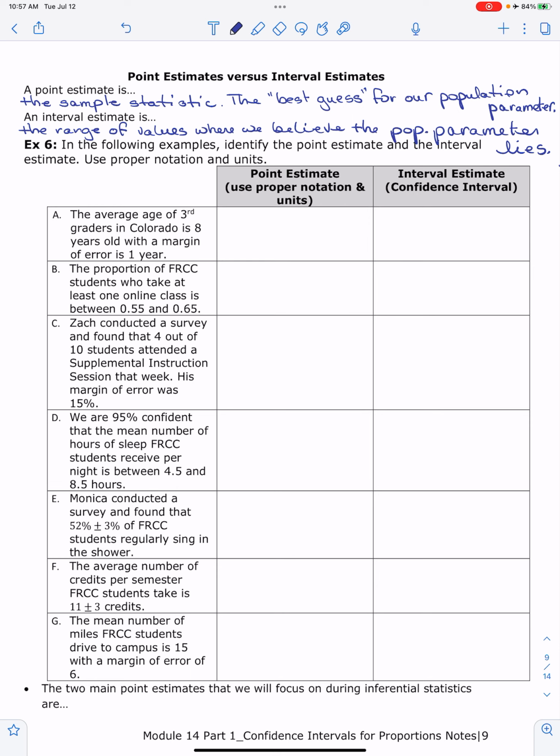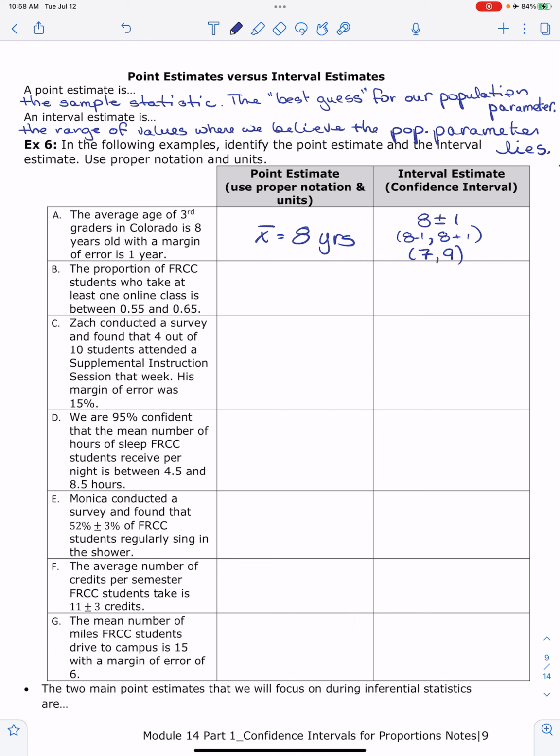If we are talking about an average age, that is a mean. So our mean is 8 years old. Our confidence interval is going to be that 8 plus or minus our 1, our margin of error. Again, that is an 8 minus 1 to 8 plus 1 interval. So we go from 7 to 9.